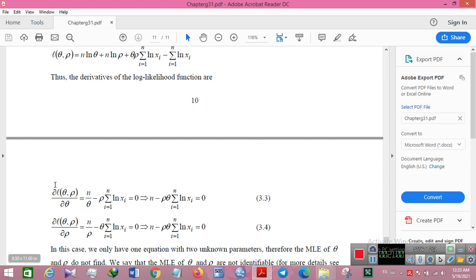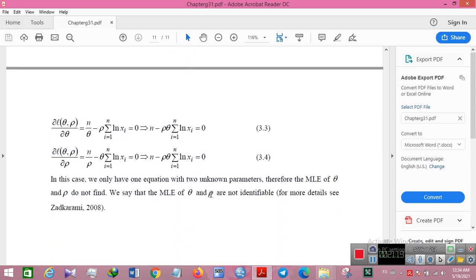When we solve the derivative, we can find only one equation. So we have two unknown parameters and only one equation. So in this case, the MLE of theta and rho cannot be found, and we say the MLE of theta and rho are not identified.